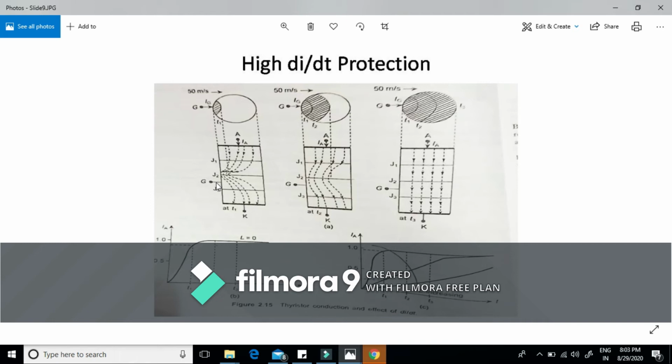We know that an SCR is turned on only when we apply the gate current. Since this is a side gated SCR, these gate charge carriers are confined to a small section only. That means in this small section only, because of this gate current, anode current will flow. These charge carriers from anode to cathode are confined to only this small path.